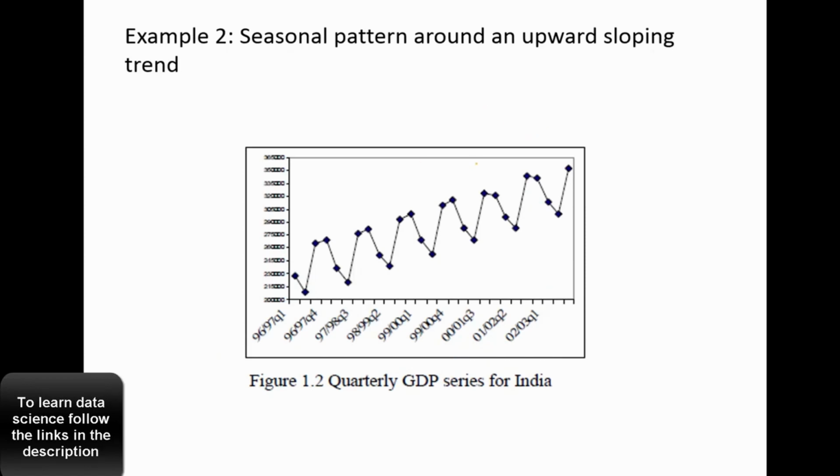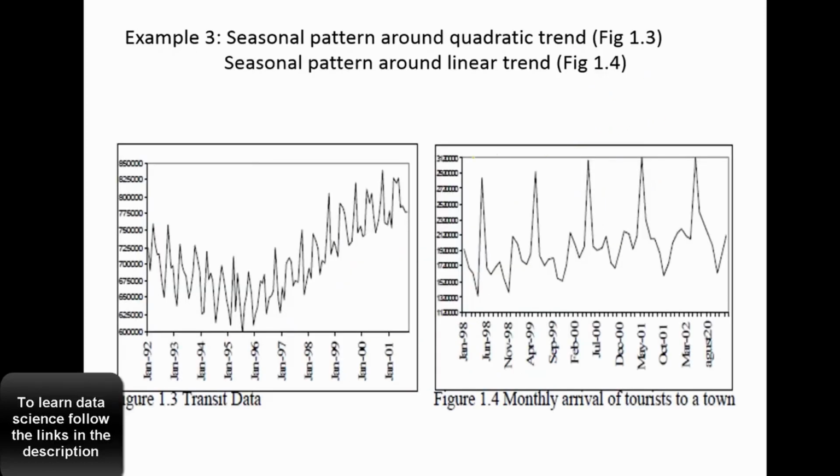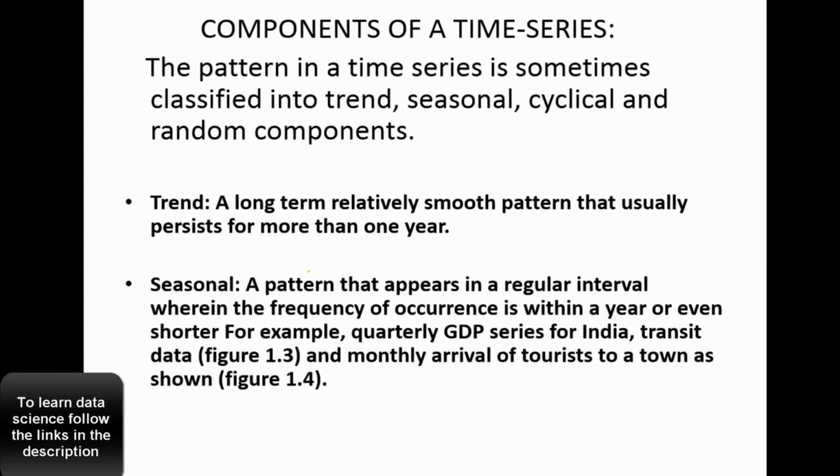This is the typical example of upward sloping data. It could be a mix of both upward sloping and downward sloping. That could also be there, right? So this is a typical case where initially there was a downward slope and then there is an upward slope. These are different scenarios or different types of time series that you probably will come across in real-time scenarios.